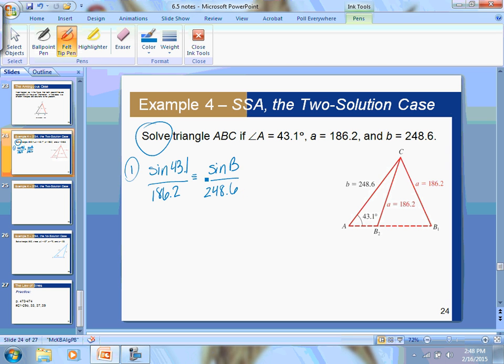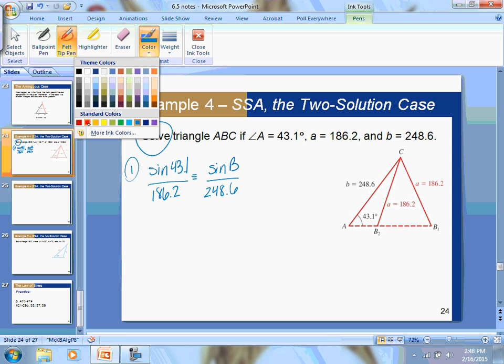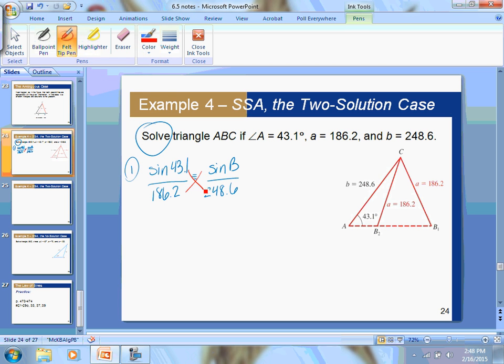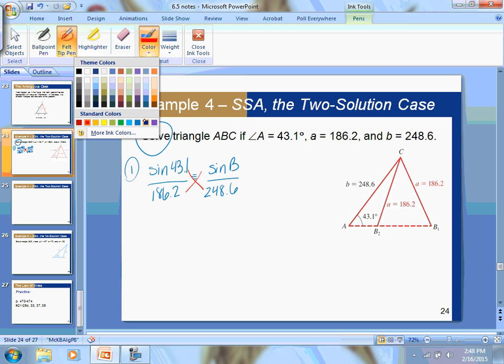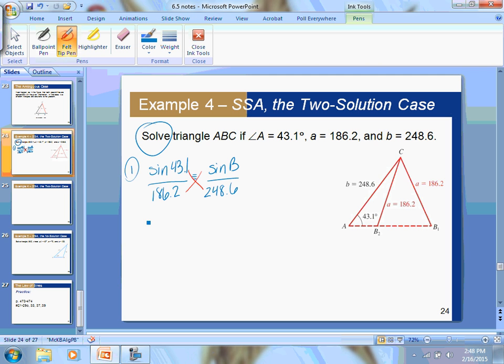Now when I cross multiply and divide, I'm going to be solving for angle B. I'm going to do the cross multiplying and the dividing in one step here. So sine B equals 248.6 times the sine of 43.1, and then I divide it by 186.2.